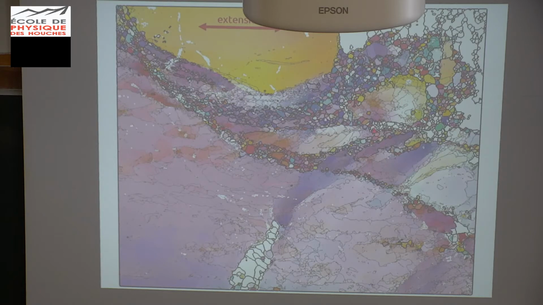We also see that they develop a lot of dynamic recrystallization grains that are mostly located in the highest strained grain, and nearby the hard grain, because that's where the stresses are located.